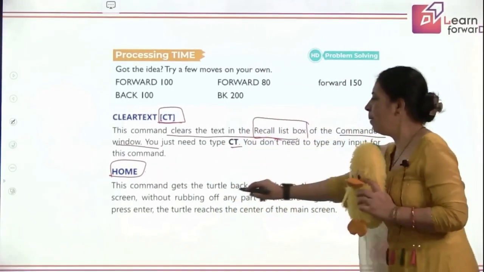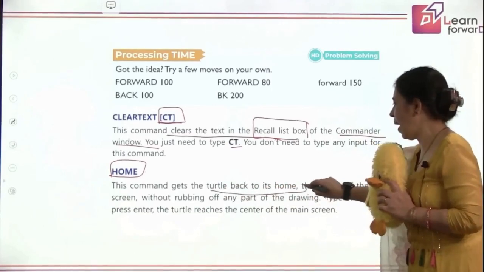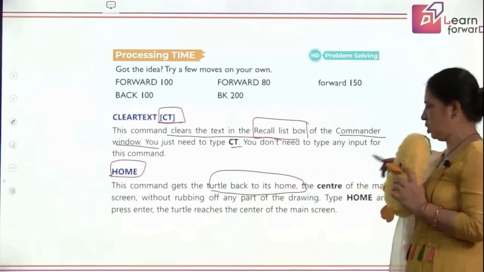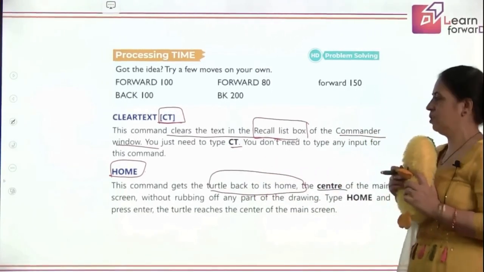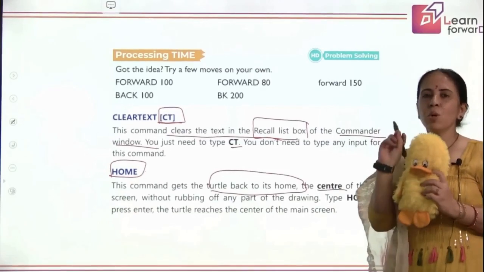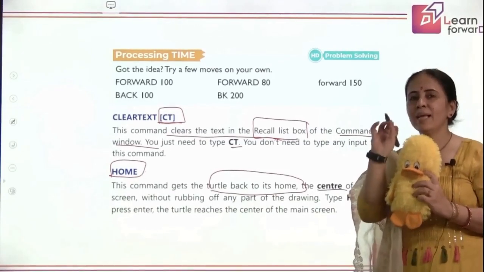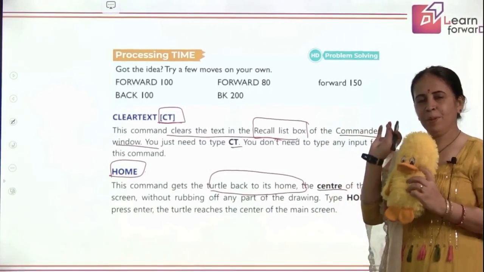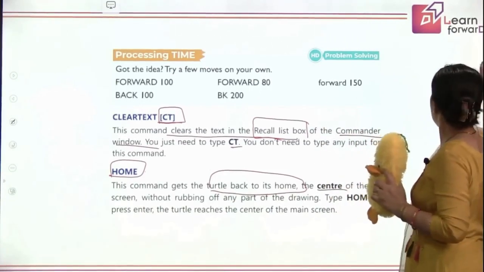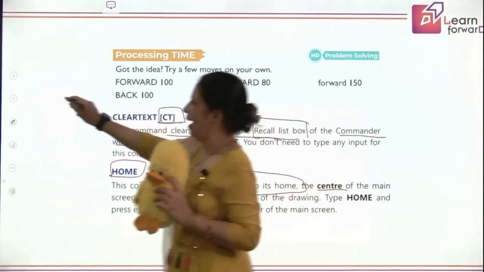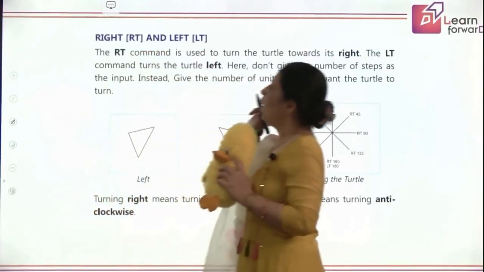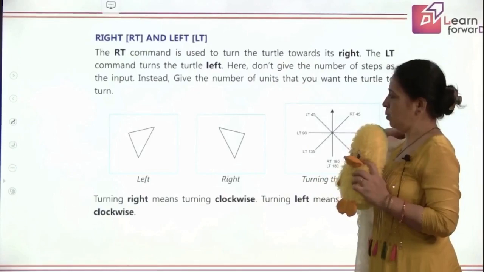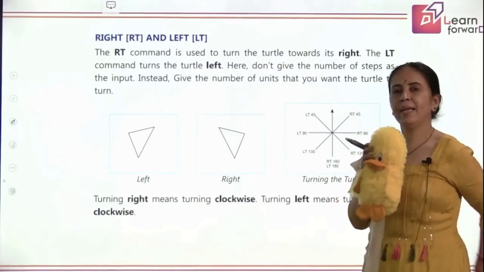The home command brings the turtle back to its home location, that is the center of the screen. Just write HOME and press the enter key. Okay, shall I move further? Okay, good.